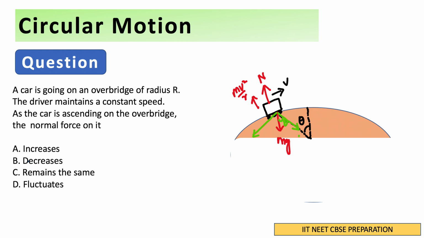Since this angle is theta, it will have mg cos theta in this direction, and in this direction you have mg sin theta. These are the components of mg. So now we are going to erase this mg from here, because we have marked the components of mg. So these are all the forces that are acting.